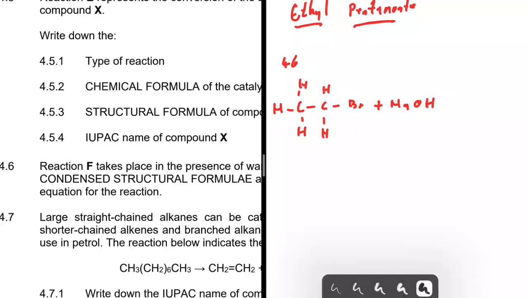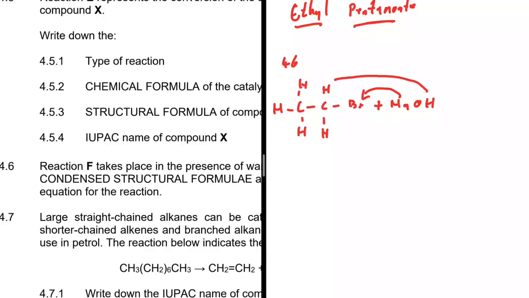What happens here is that Na will bond with Br, and then OH will bond with the hydrogen removed. So our byproducts are going to be NaBr plus H2O. That's how it goes.